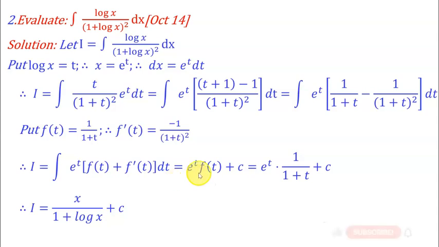Therefore its integral is e raised to t into f of t plus c. We substitute the value of t. What about f of t? F of t is 1 upon 1 plus t, plus c. Therefore I is equal to, what is e raised to t? x. Okay. And t means what? Log of x. Therefore I is equal to x upon 1 plus log of x plus c. And this is the answer.